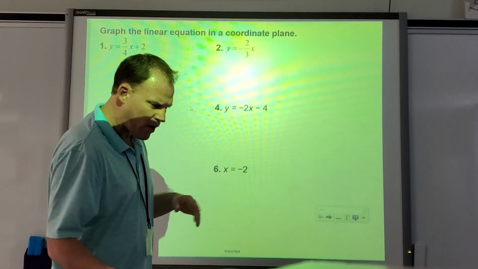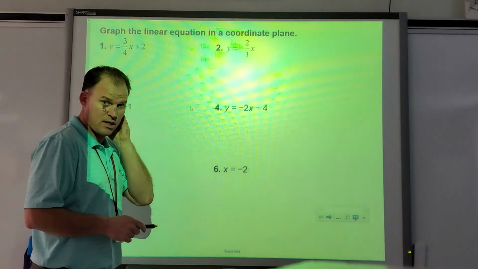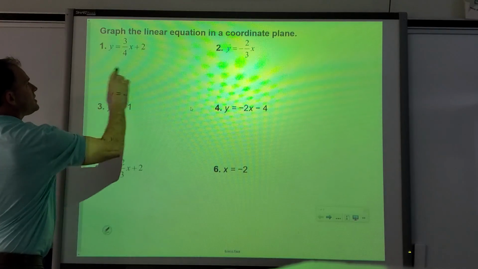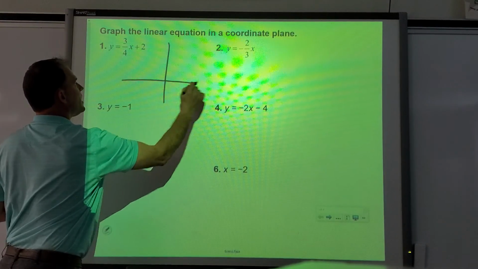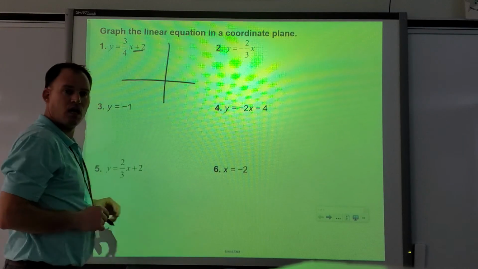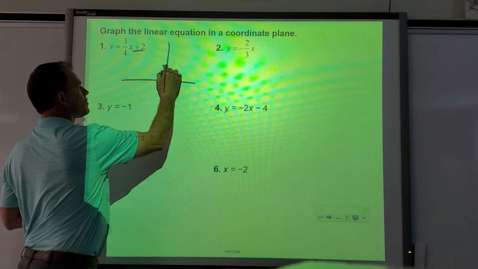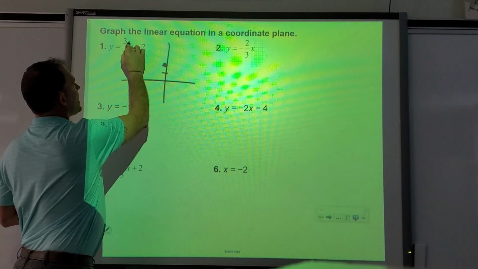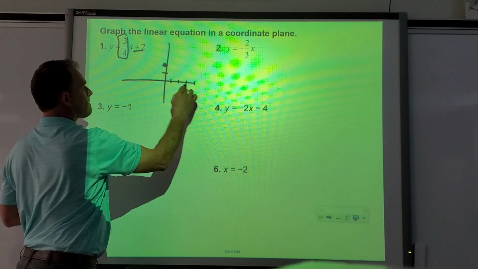So, let's rehash and refresh our memory about graphing lines real quick. We have this in slope-intercept form. If I want to graph this line, positive 2 is my y-intercept, and then I have a slope of positive 3/4.